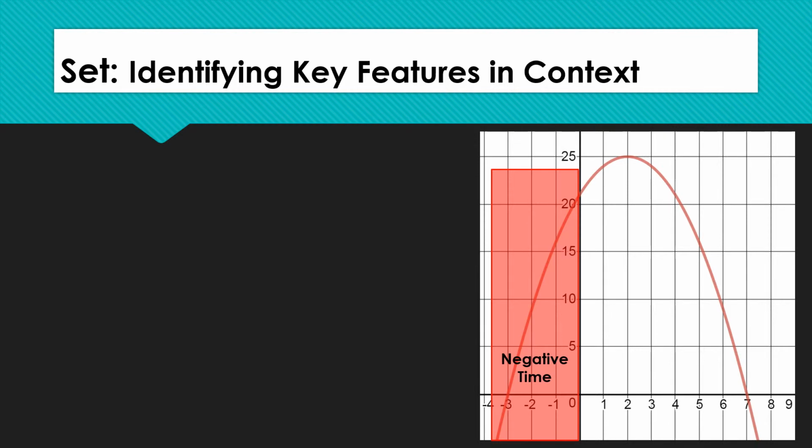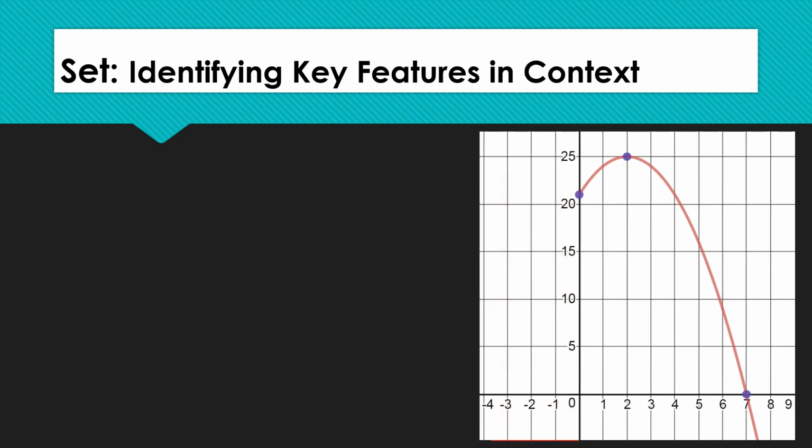In this example, you can see the red shaded portion of the graph, if time is our x-axis, on our x-axis. It doesn't make sense, or it's not practical, to look at the quadratic that has negative x values, because we can't look at negative time. So we're only looking at the portion of the quadratic that's in quadrant 1.